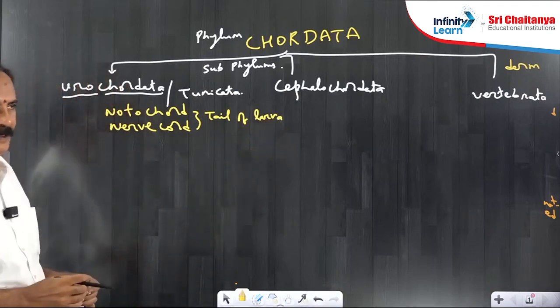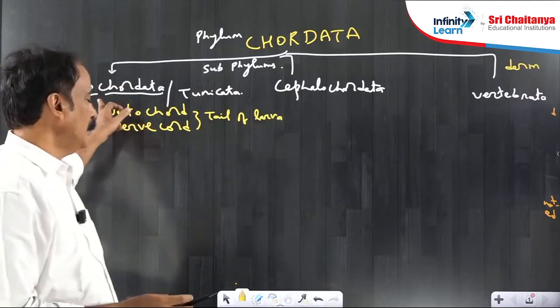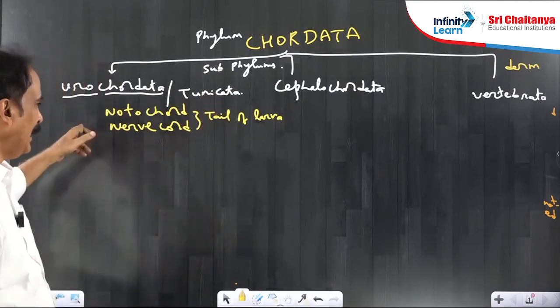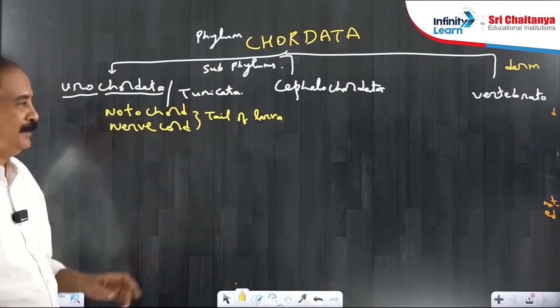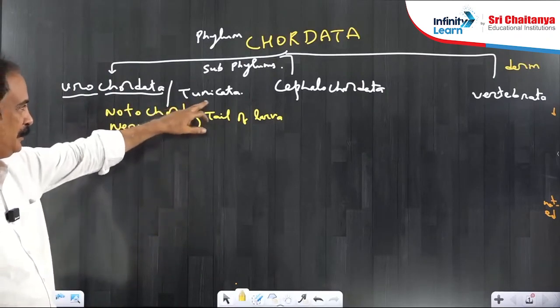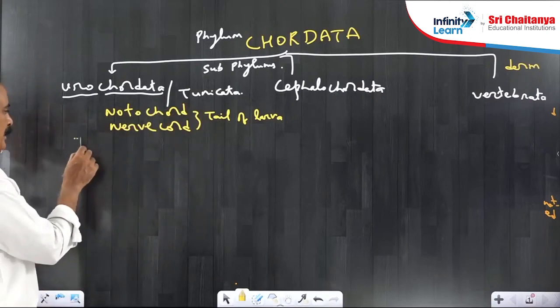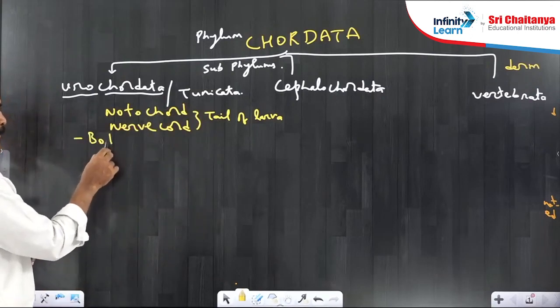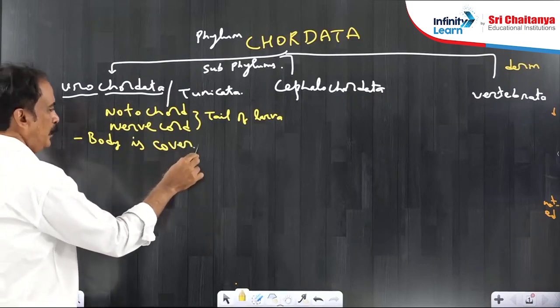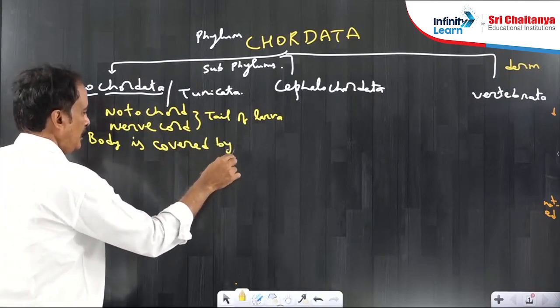They are absent in the adult. Uro or aura means tail, right. So chordate characters are present in the larval stage and the larval tail. That is why the phylum is named Urochordata. It is called Tunicata because the body is covered by a coat. Okay, the body is covered by a coat or tunic.